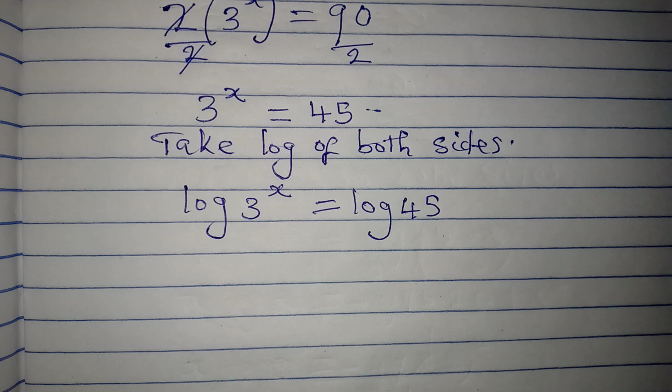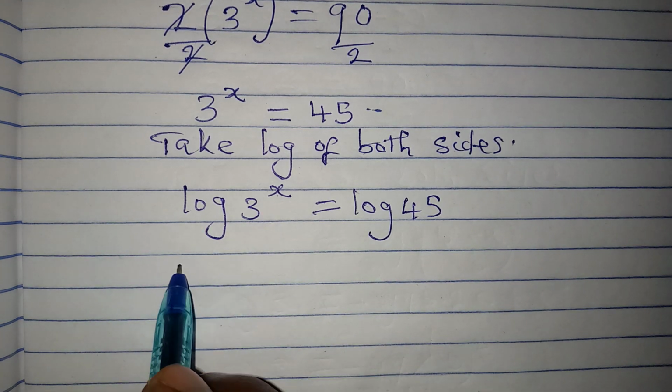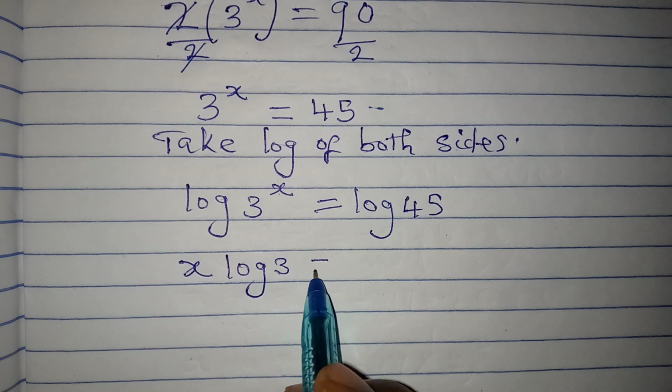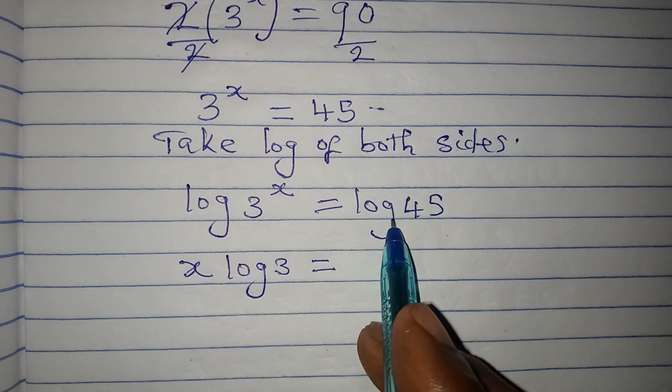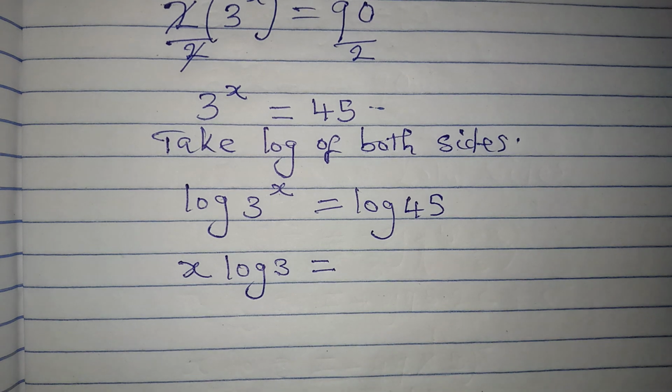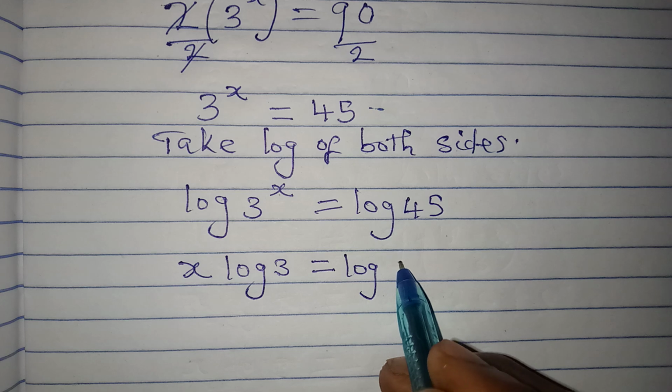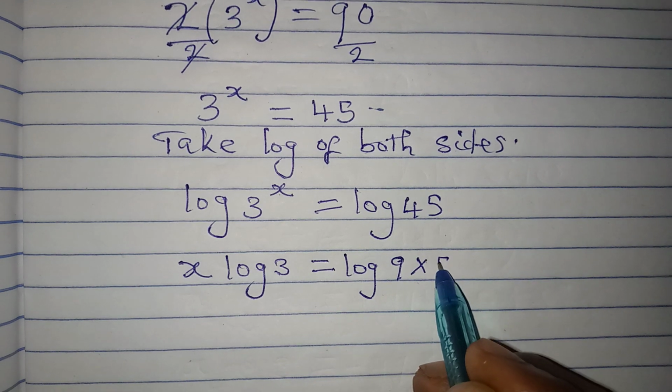Now, there is a law that says powers can always go behind, so I'll have x log 3 equal to log 45. Since we are going to pick out 5, let's break 45 down to 9 times 5.